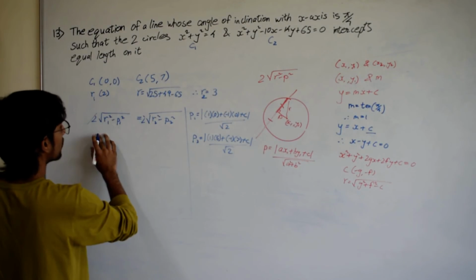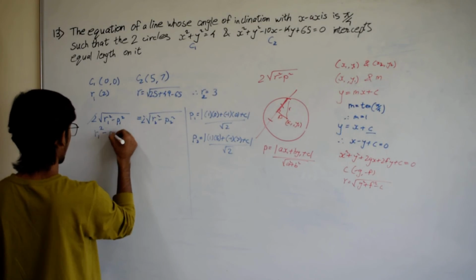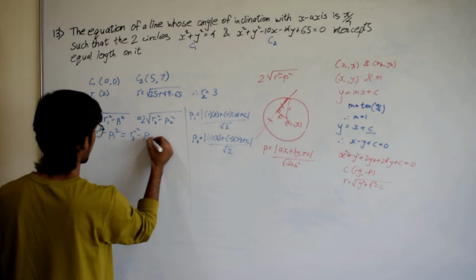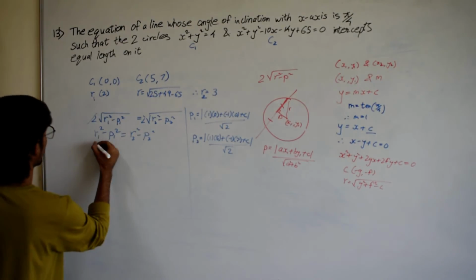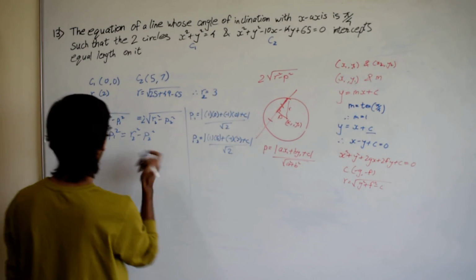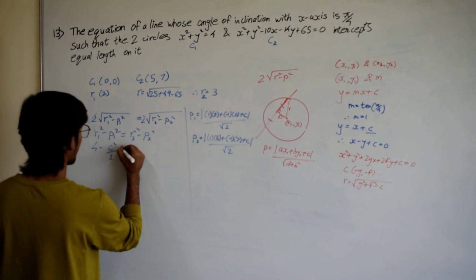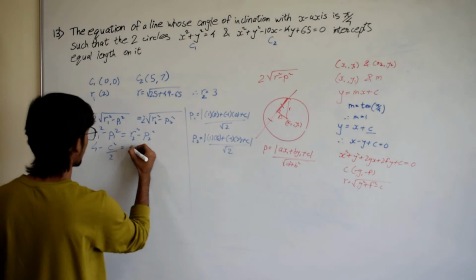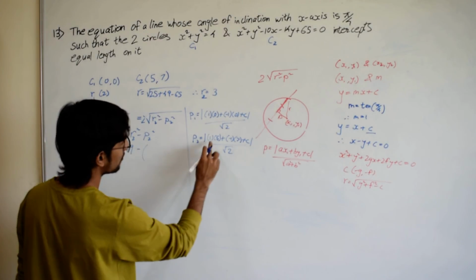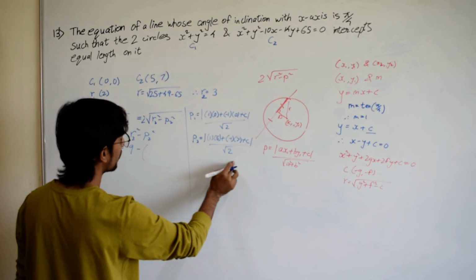We square on both sides. It gives r1 square minus p1 square equals r2 square minus p2 square. R1 is 2, so r1 square is 4, minus p1 square, where p1 is 0 plus 0 plus c by root 2, squared. That is c square by 2. This equals r2 square, where r2 is 3, so r2 square is 9, minus p2 square. p2 is given by 5 minus 7, that is minus 2, plus c, whole mod, by root 2.